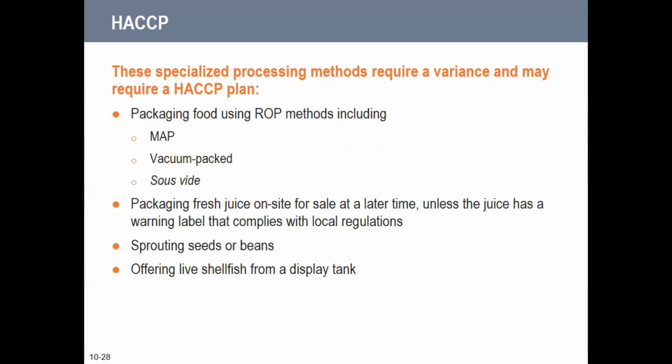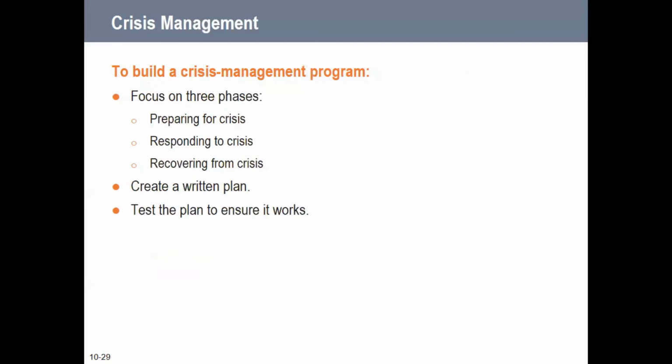But it's still a good point to develop a HACCP plan for your sous vide items, just so again, you're trying to be proactive and help prevent people from getting sick through the processes that are going on. Remember, if it's fresh juice on site, you're going to sell later, unless it has the warning label, you need that HACCP and variance. Same with your sprouting seeds or beans, or offering live shellfish from the display tank.